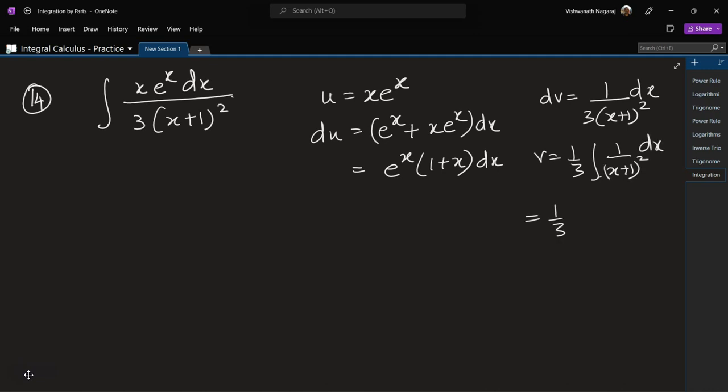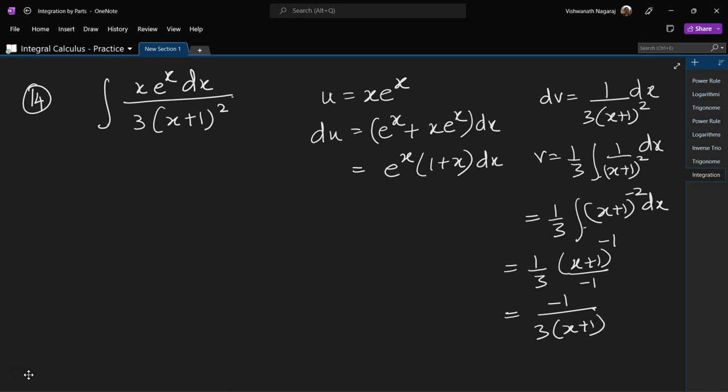We can write it as x plus 1 to the power of minus 2 dx, which becomes 1 by 3. If we integrate it, we get x plus 1 to the power of minus 2 plus 1. So minus 2 plus 1 is minus 1. And in the denominator also, we will end up with minus 1, right? So we will have minus 1 by 3 times x plus 1.